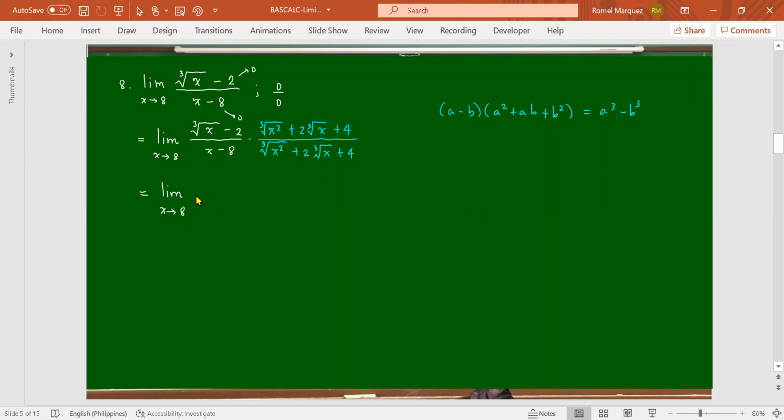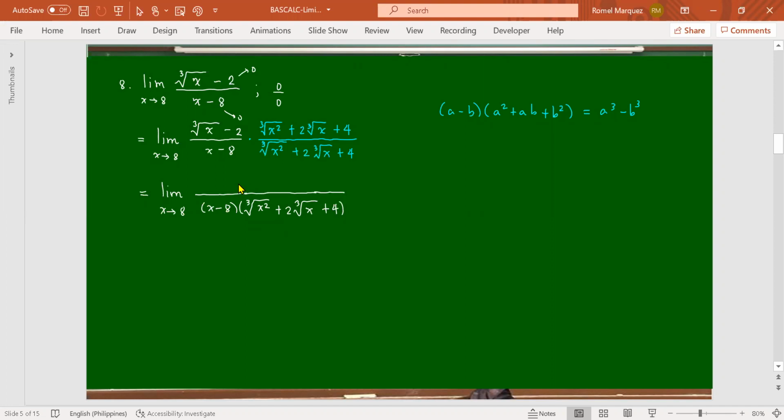As x approaches 8, what's now the denominator? So the denominator, x minus 8, and then we have cube root of x squared plus 2 times cube root of x plus 4.